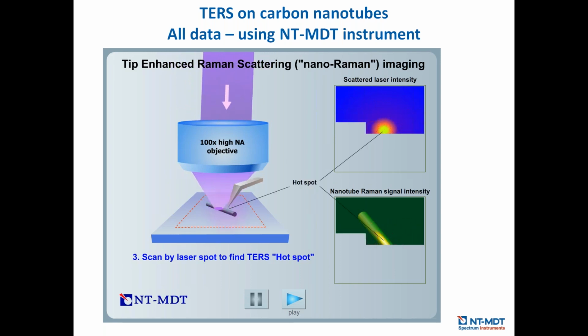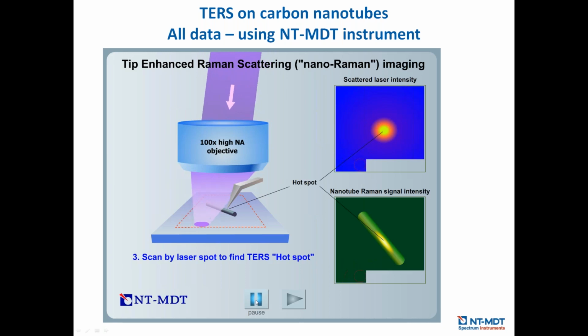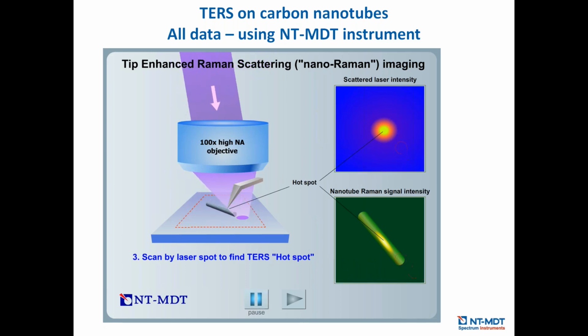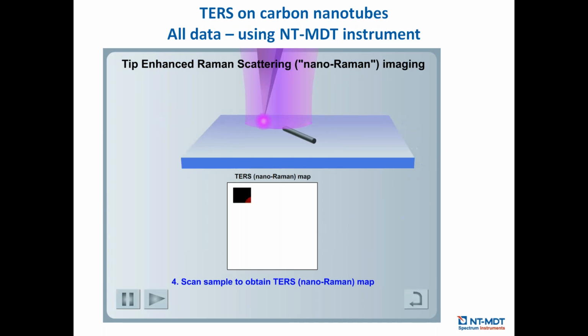While the laser goes on top of the piezo, on the carbon nanotube, we can see a Raman nanotube signal, and enhancement appears only in the region at which the tip is positioned. So it means that after the image is acquired, we should position the laser spot exactly at this point. After that, we can do sample scanning to get a TERS map, a nanoscale TERS map.